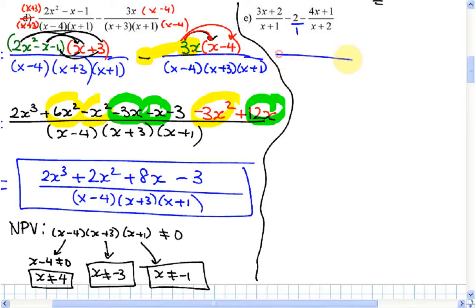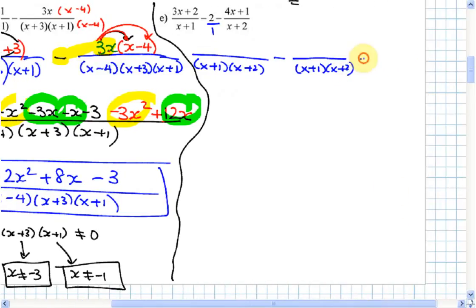So let me ask you now to rewrite all 3 of these terms with the following common denominator, x plus 1 times x plus 2. Okay? So do that for me first. What about the 2 over 1? So this is the fraction for the first. Here's the second. There's the third.